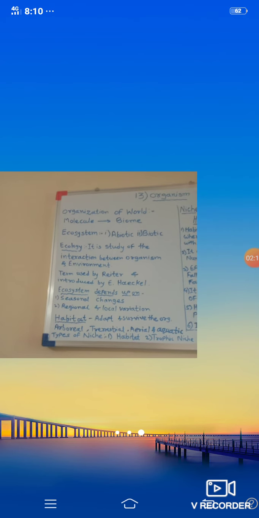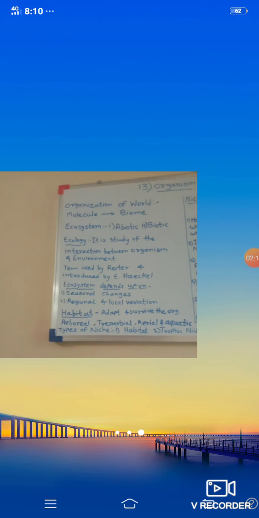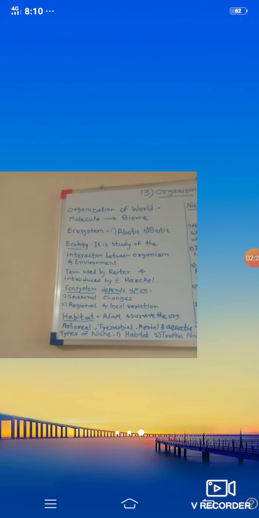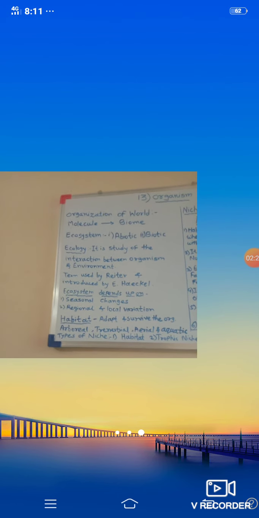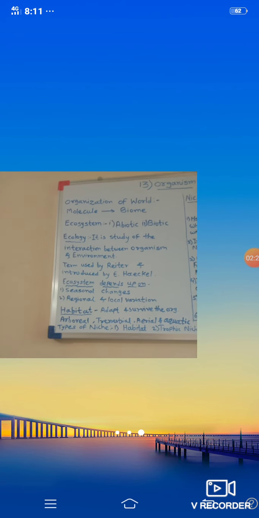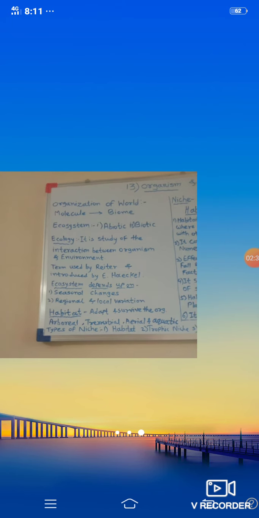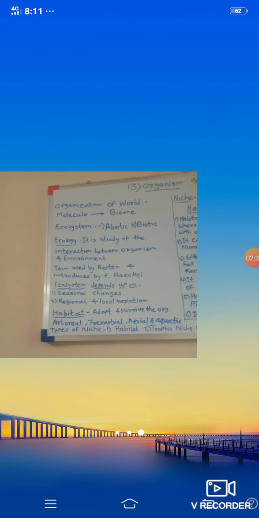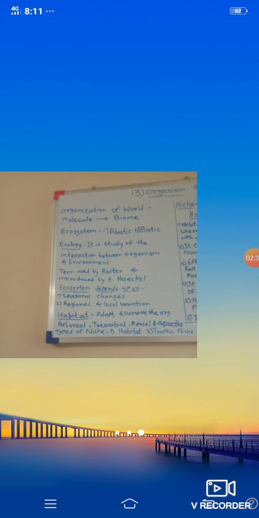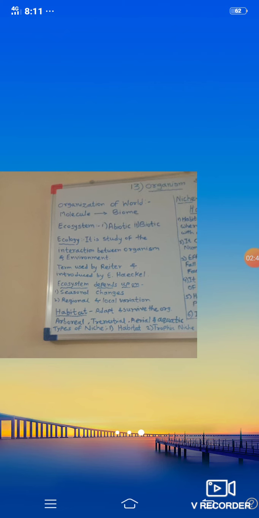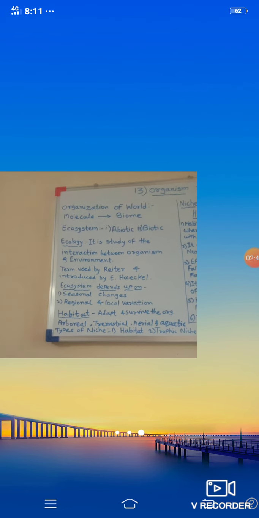The individual organisms are collectively formed by different types of organs, and a number of organisms present in this area form the populations, and the populations form the communities, and these communities are present in that habitat, natural systems.